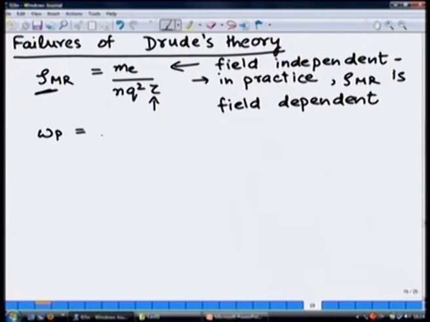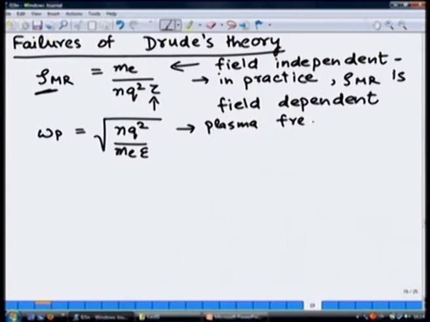Similarly, I will take you to one more, the plasma frequency. The plasma frequency is a quantity derived as n q squared divided by m_e times the dielectric constant or permittivity of the material.